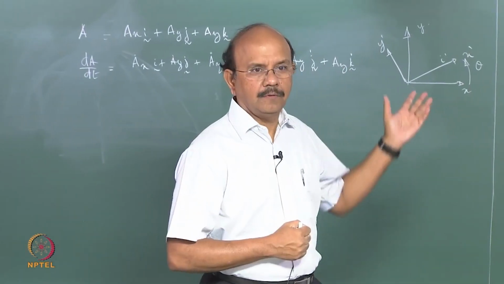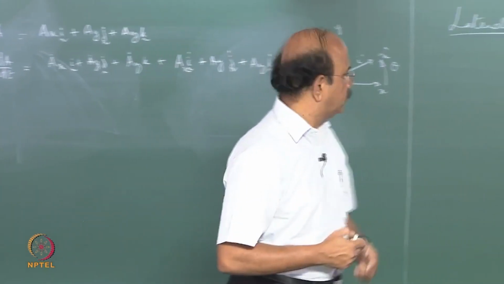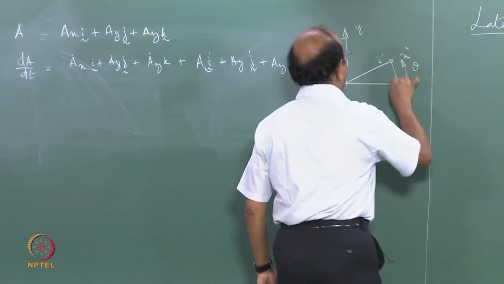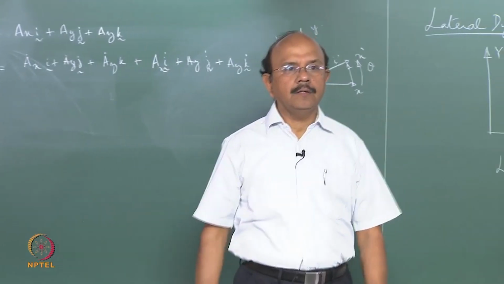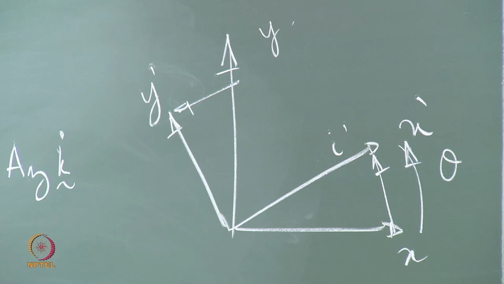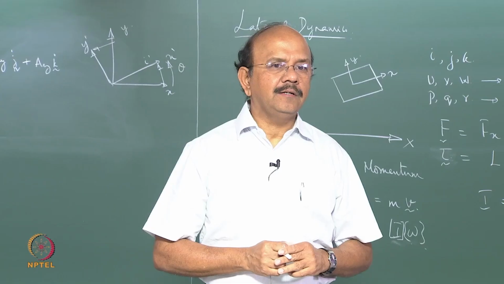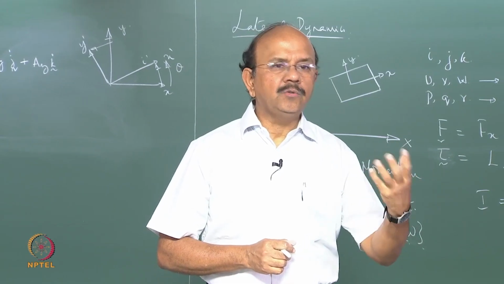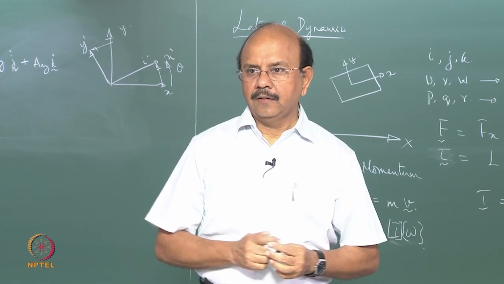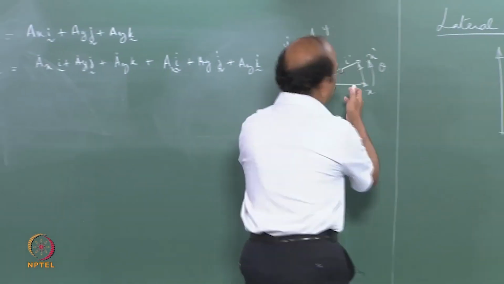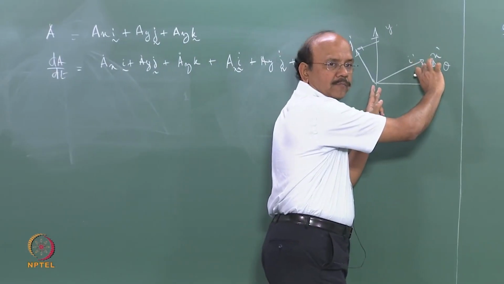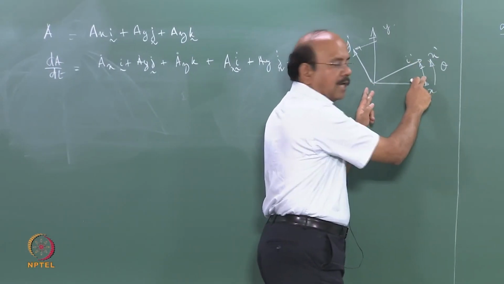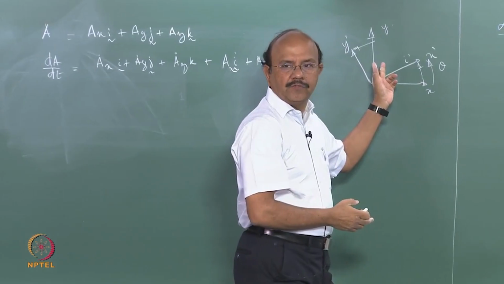the changes, here, which is along j, same way along i. And so what is di by dt? d theta by dt into j. Because i is a unit vector, r into theta gives me this. So this is r into theta. It is along the direction of j.